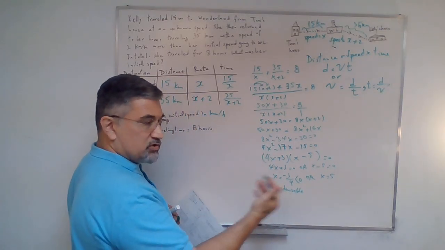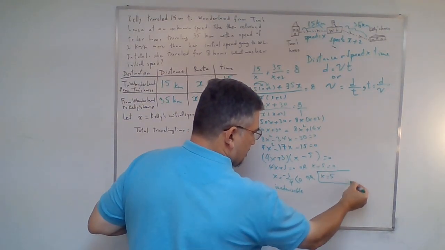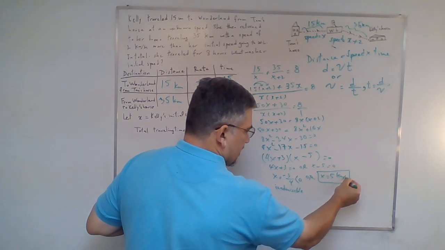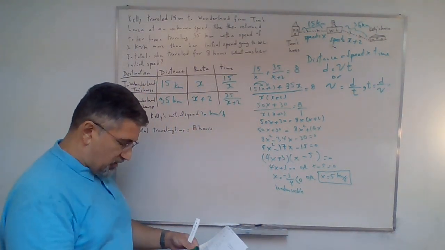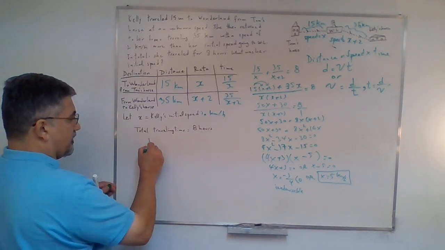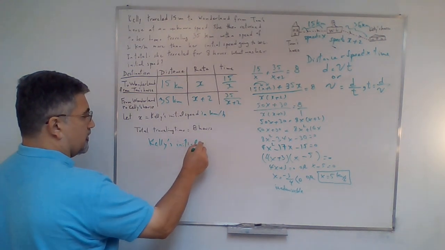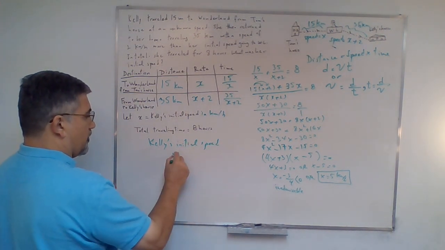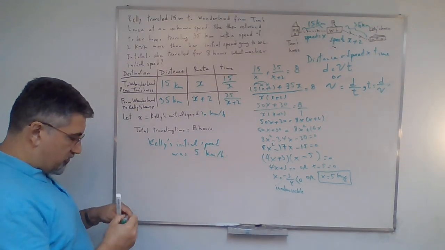We need to interpret our results. But x equals 5 is a positive answer. It is okay. And because it represents the initial speed, it is measured in kilometers per hour. So therefore, we figured out that Kelly's initial speed was 5 kilometers per hour.